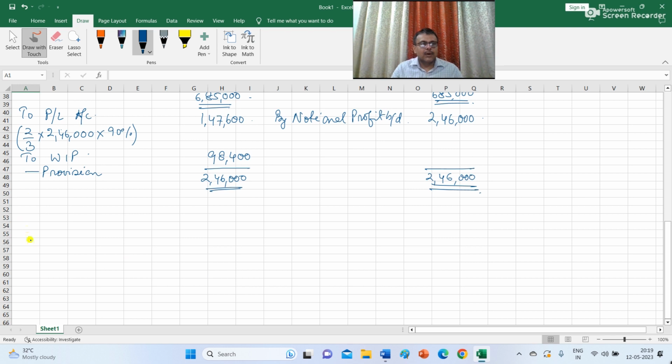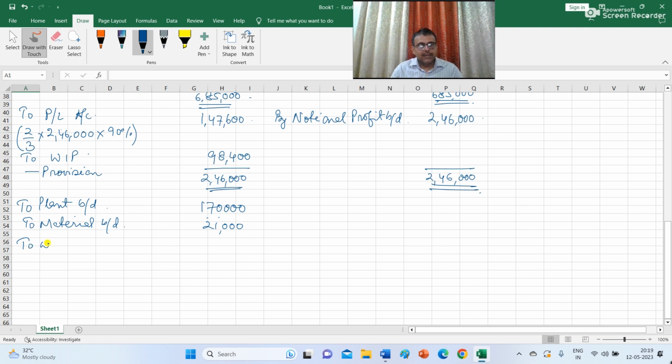So now on the debit side, I have to write to plant brought down at rupees 1,70,000. Then to material brought down, this is for 21,000.